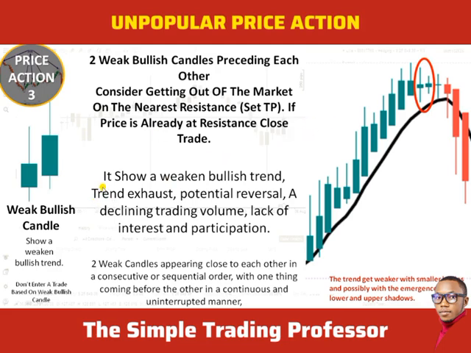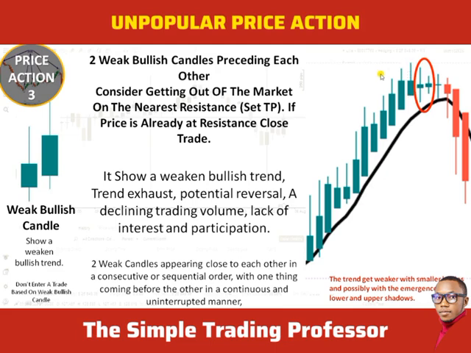Now, what it shows is that these two candles show the bullish trend has been weakened. The trend is exhausted. There is likely to be a potential reversal, as you can see at this point. This is a bullish trend, and then what comes up? Two weak candles. You see there's supposed to be a resistance line somewhere around there.